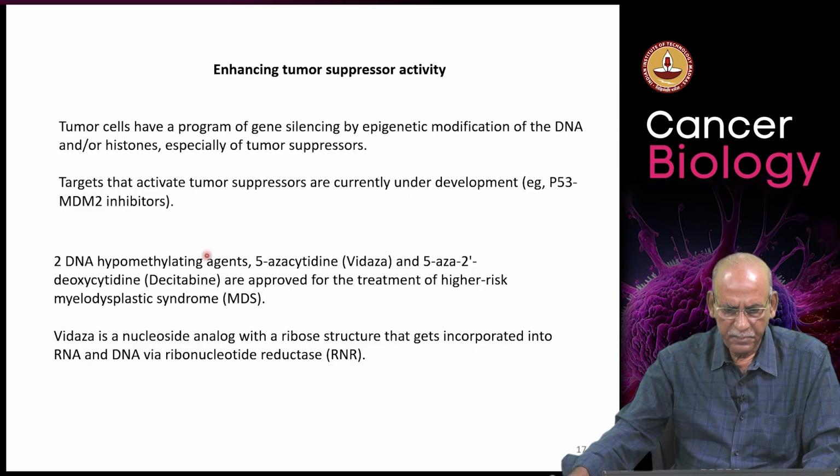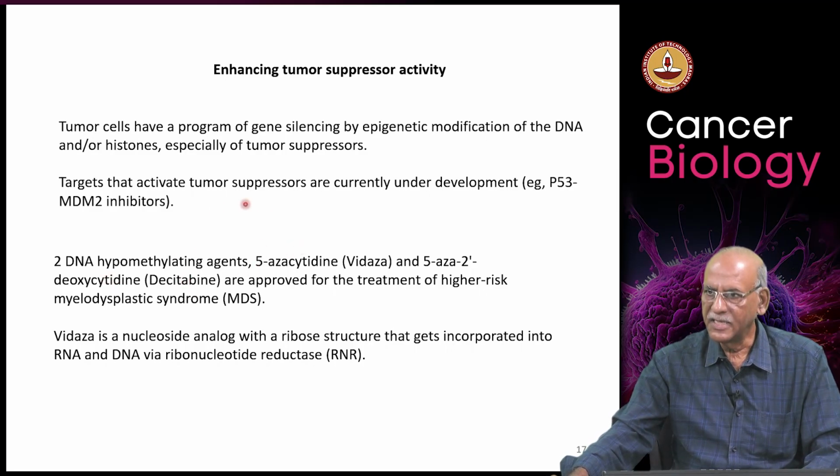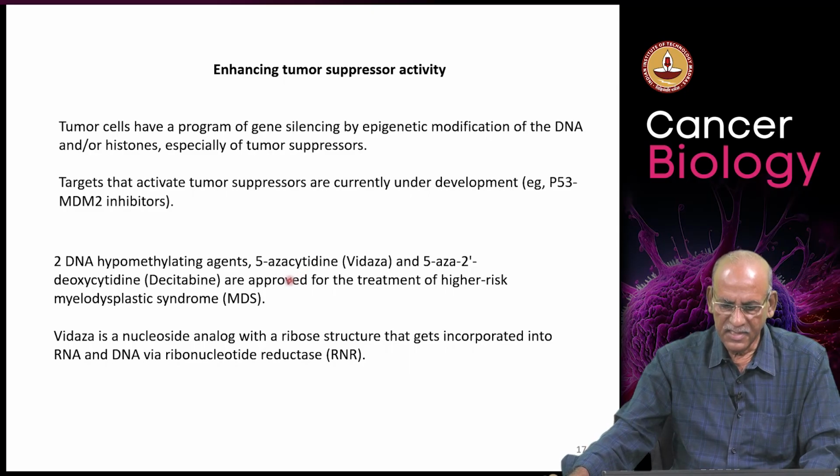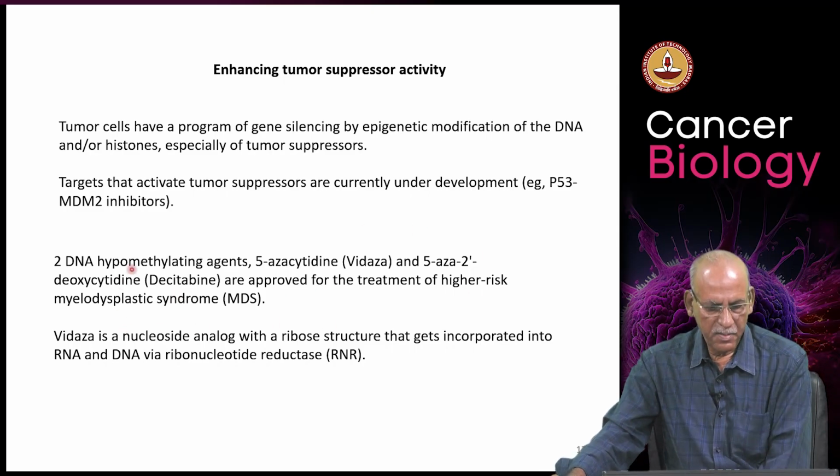Second thing is, since methylation and other things are involved, I told you now epigenetic alterations, sometimes you are using what is called hypomethylating agents, azacitidine and 5-aza-2 prime deoxycytidine, it is called decitabine, are approved for the treatment of myelodysplastic syndrome.